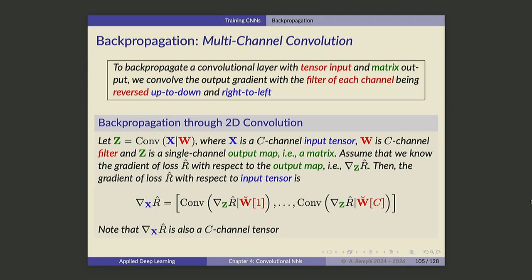You get this output, you convolve it with the reverse filter of channel 1. This is going to give you the gradient with respect to channel 1. You again get channel 2, you reverse it, you convolve it with the same output, you're going to get your gradient with respect to channel 2, and so on. Okay? Everybody's cool? Questions?